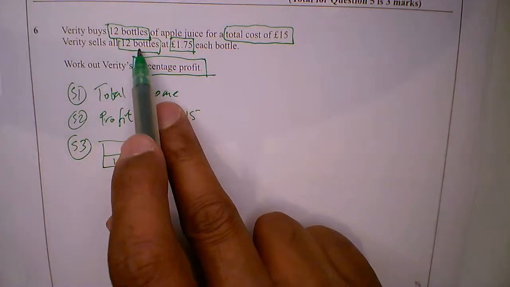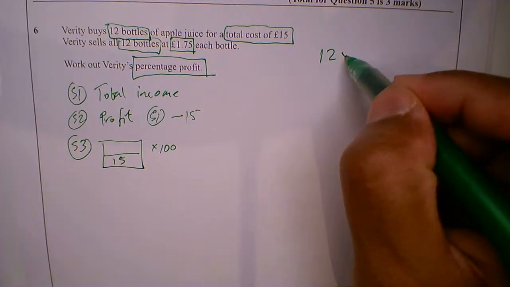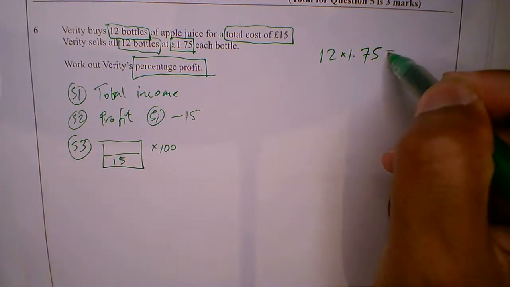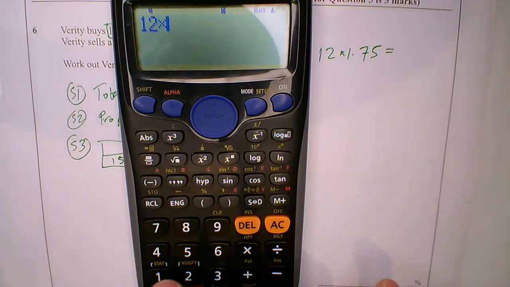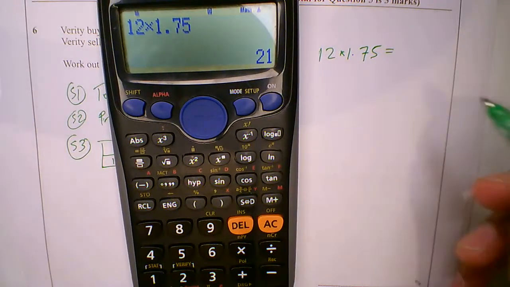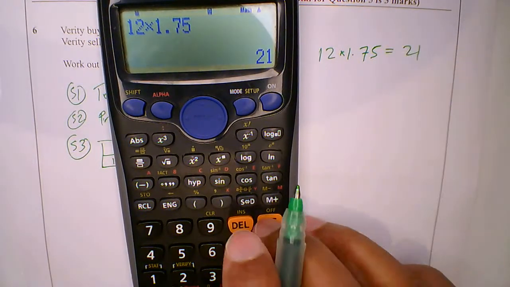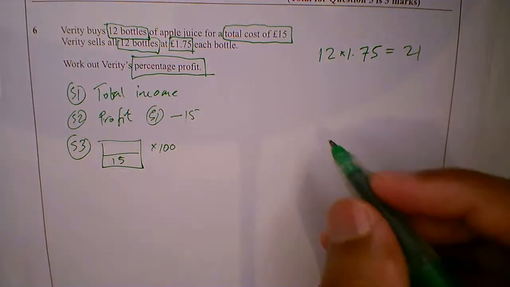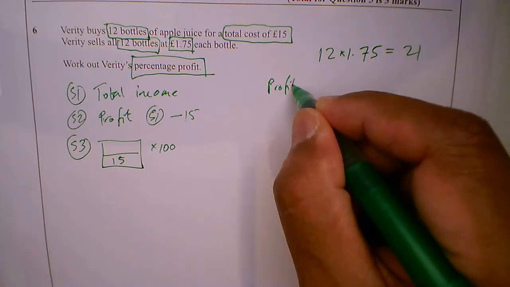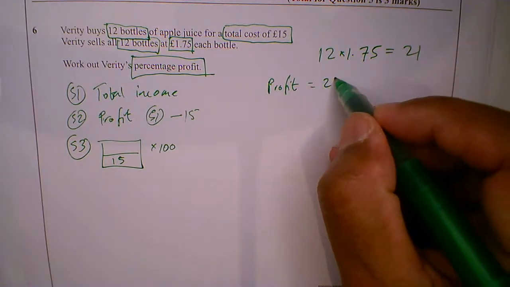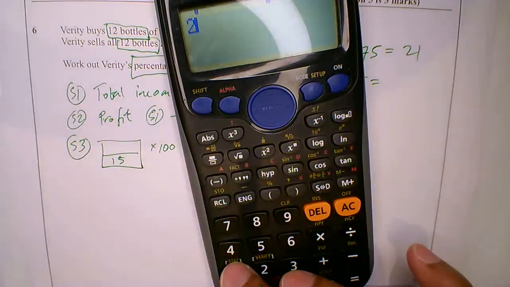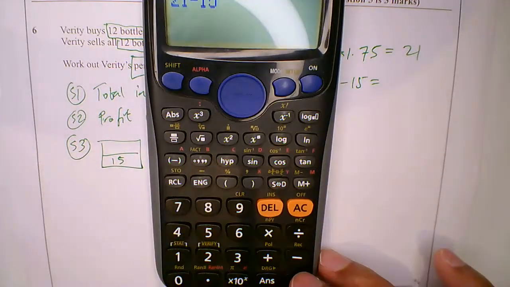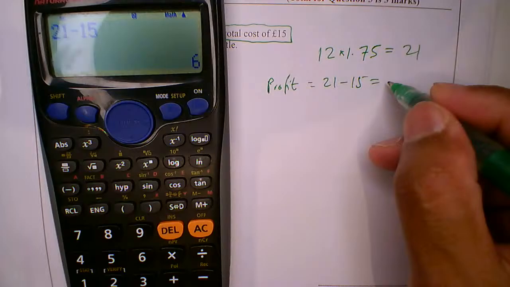So the total income, 12 times 1.75, gives me 21. So what's my profit? My profit is 21 take away 15, which gives me 6.